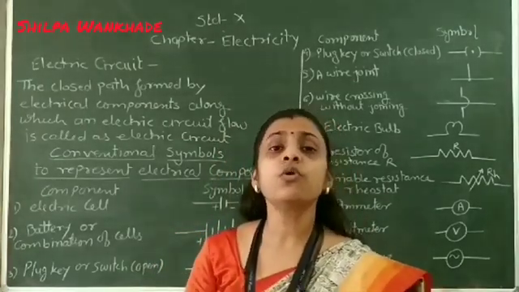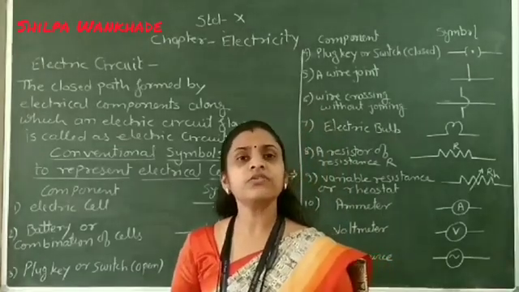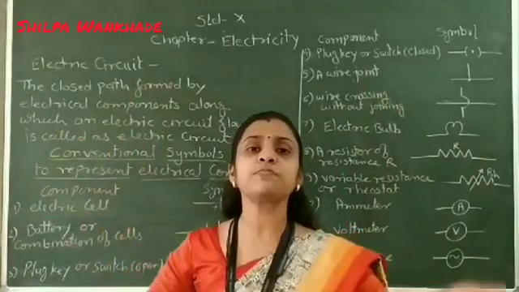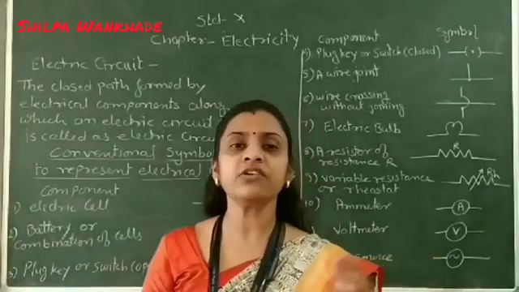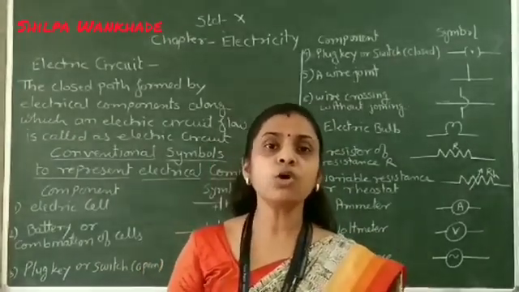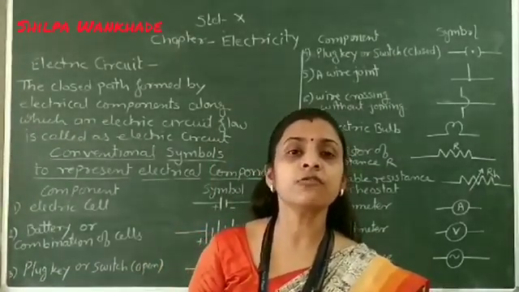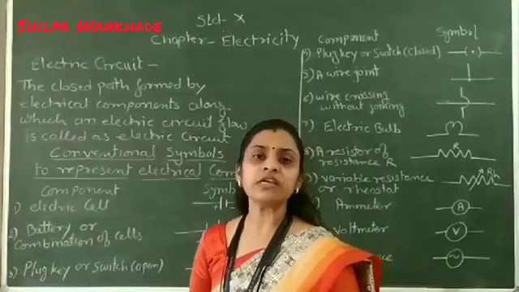So first of all, what do we mean by an electric circuit? An electric circuit is nothing but a closed path formed by different electrical components along which the electric current flows.